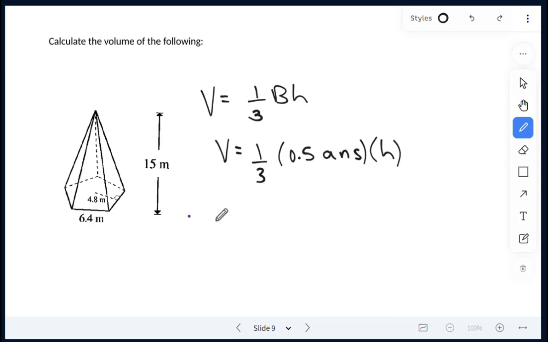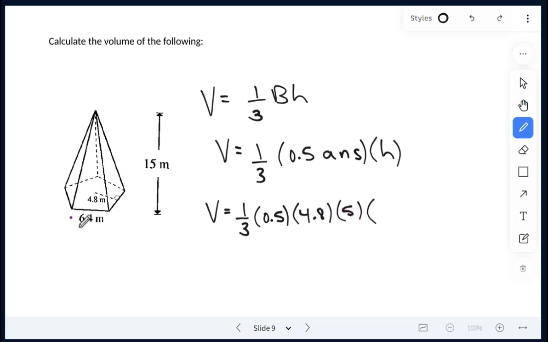So volume of this then is 1/3 times 0.5 times the apothem, which is 4.8, times number of sides. This is 5-sided, 1, 2, 3, 4, 5.